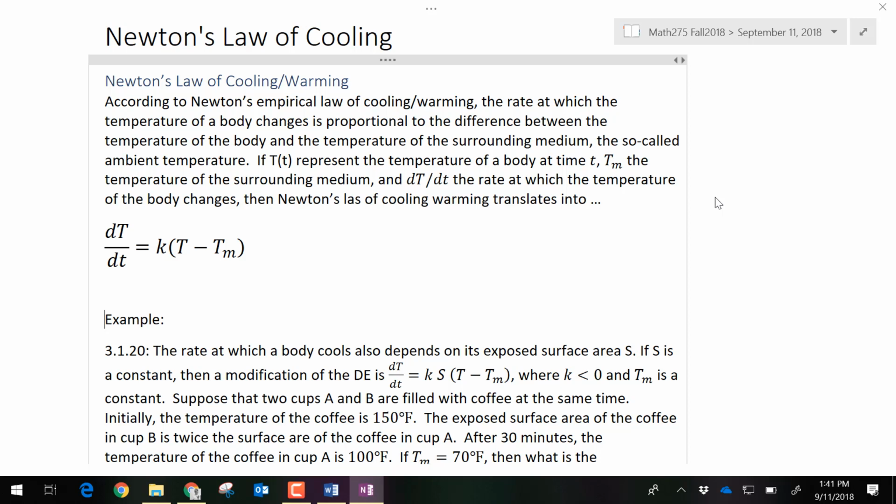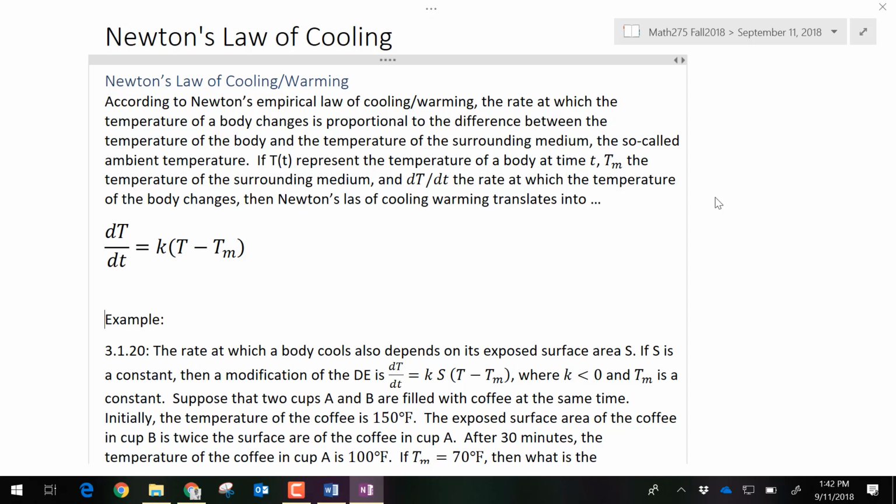The surrounding temperature is sometimes called the ambient temperature. So let's say capital T represents the temperature of a body. By a body, I mean it could actually be a body, or it could be a cake in the oven, or coffee that you just poured and now it's sitting there getting cold.